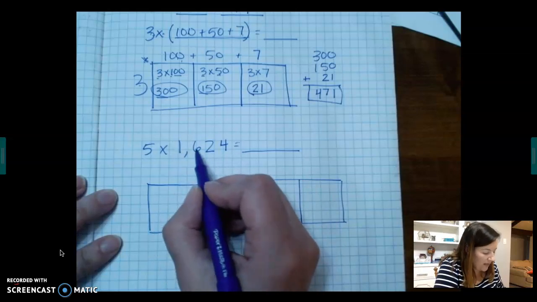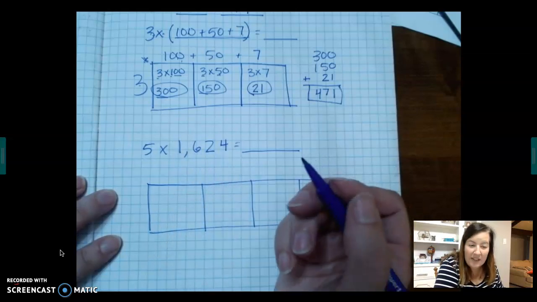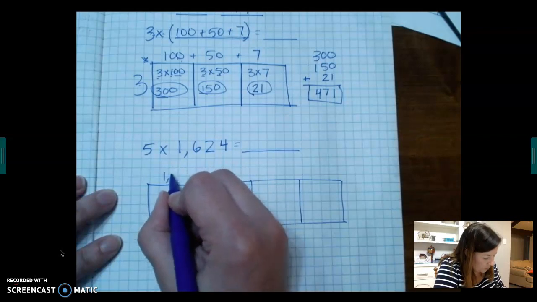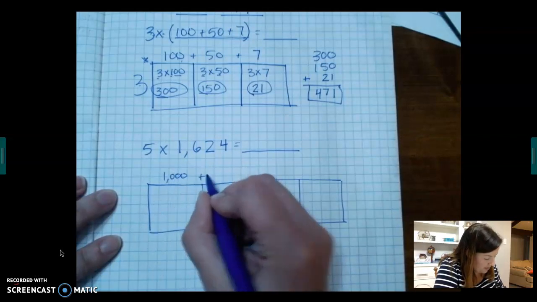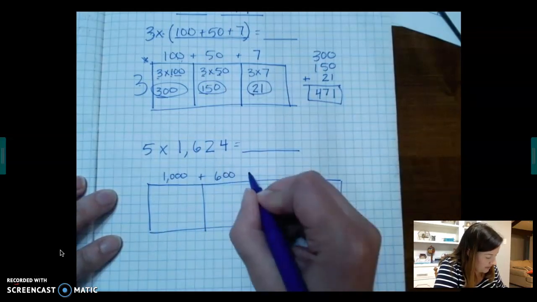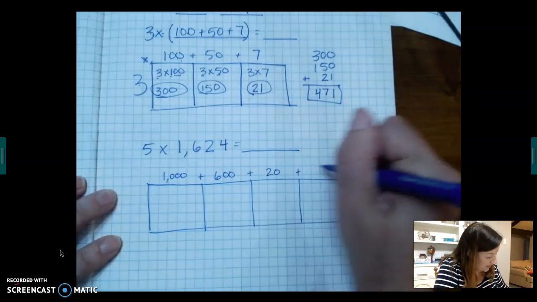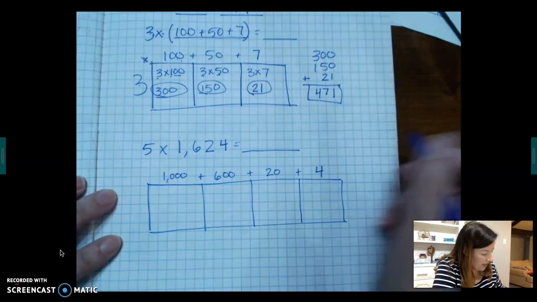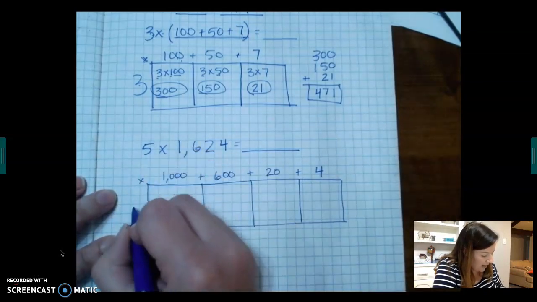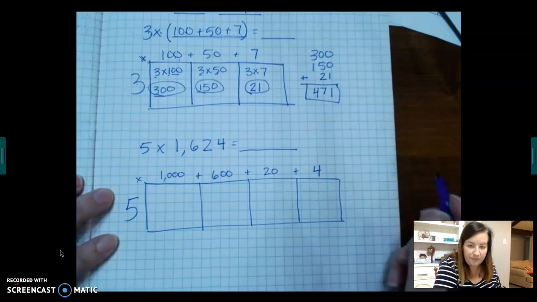So what is 1,624 in expanded form? It's 1,000 plus 600 plus 20 plus 4. And we're going to multiply that whole number by 5.